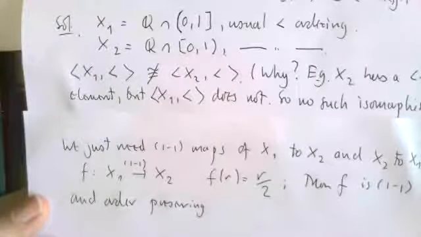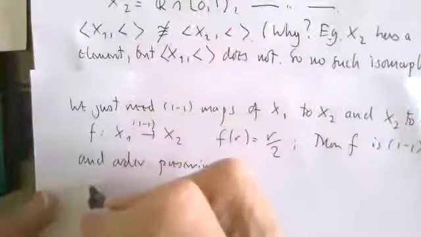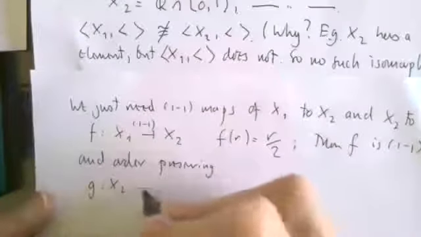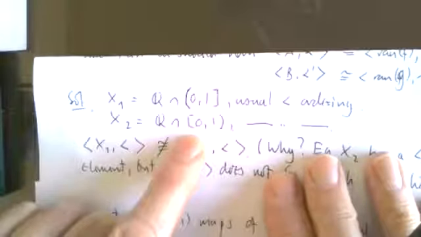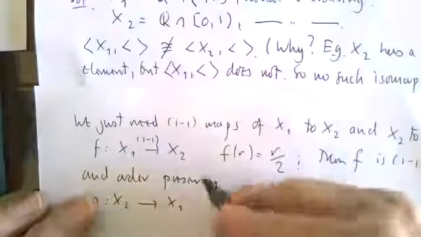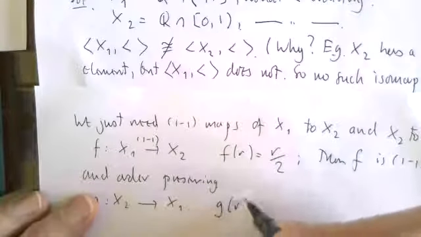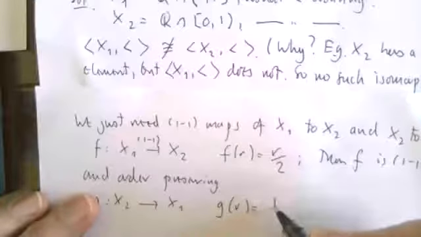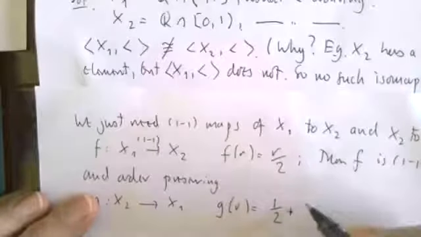And going in the other direction, here's X2. I need to map it into X1. The only thing I need to worry about is this 0 that's here, this first element. Well, I'll just send that to a half. So I'll let g of r be a half plus r over 2.